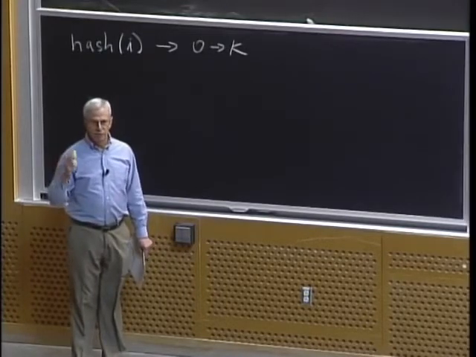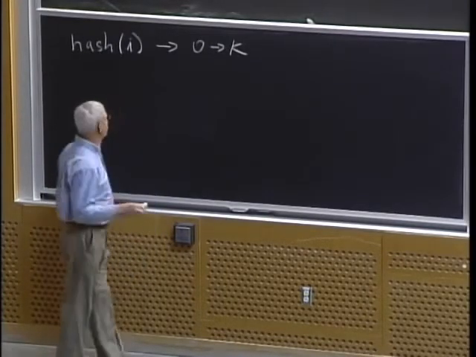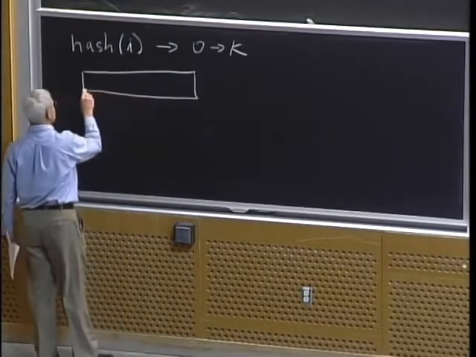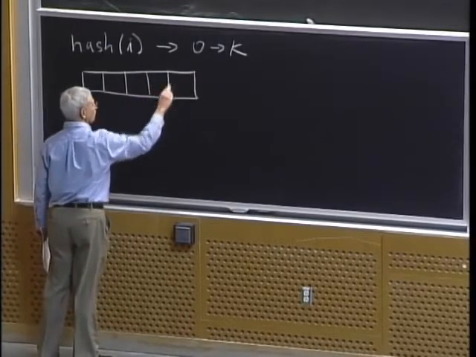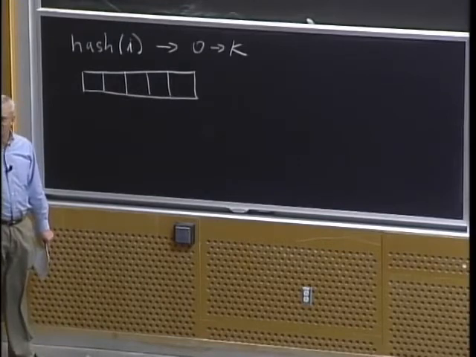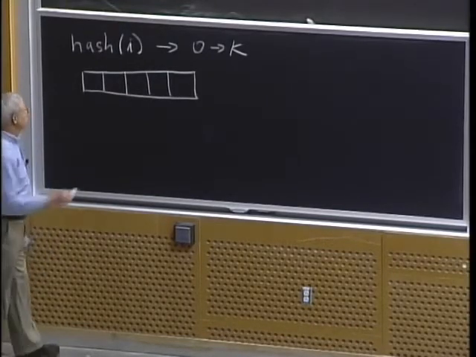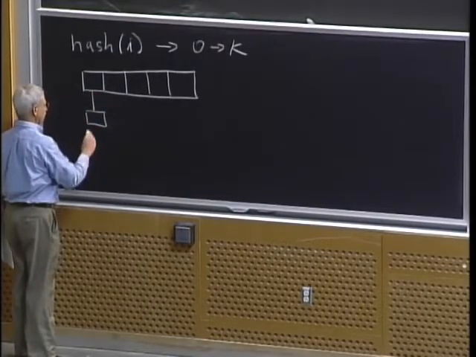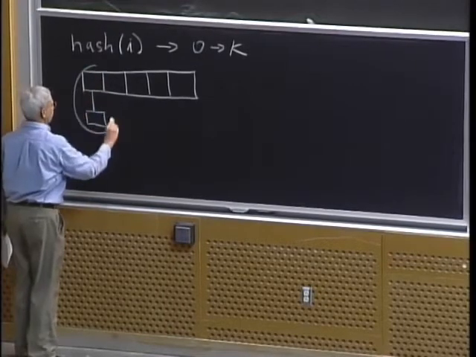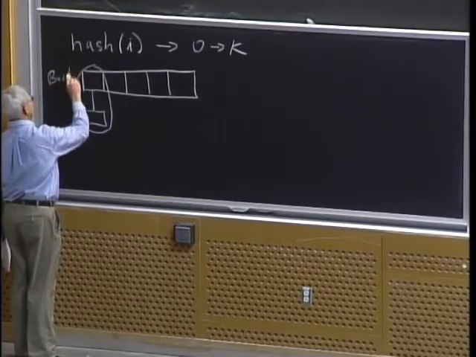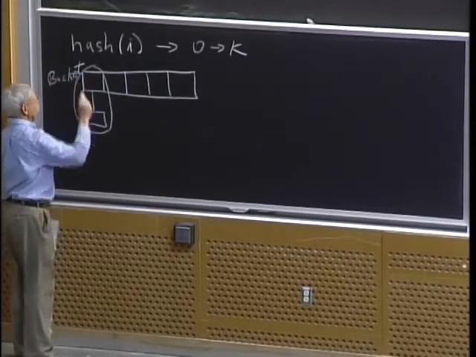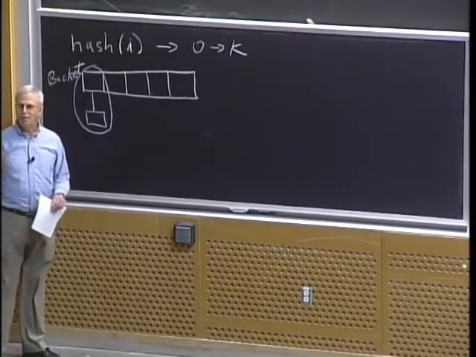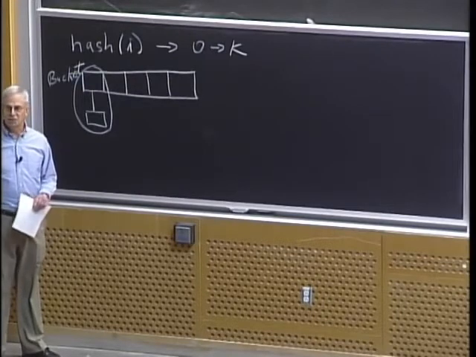We're going to then use this integer to index into a list of lists. So each of these is called a bucket, and a bucket will itself be a list. So this together is called a bucket. We've already seen that we can find the ith element of a list in constant time.